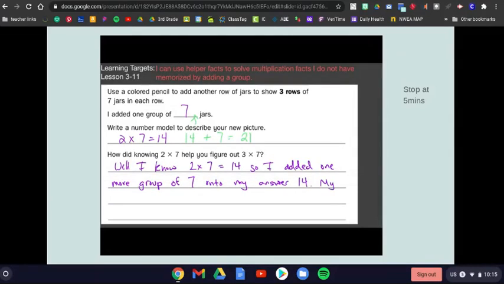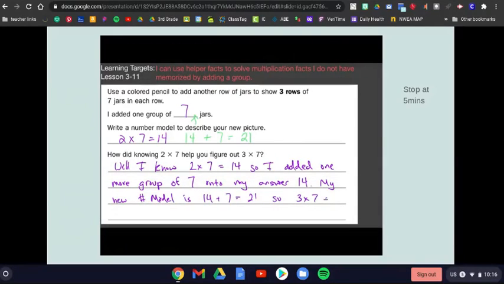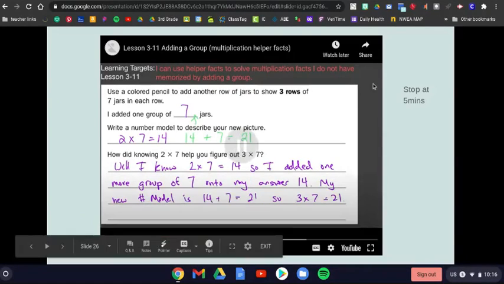My new number model is 14 plus 7 equals 21. So 3 times 7 equals 21. That'd be one way of writing it. You don't need to write all of that down. I just wanted to model for you what explaining it would look like.